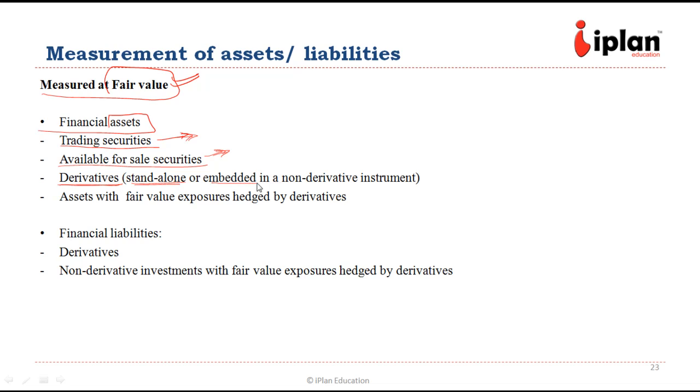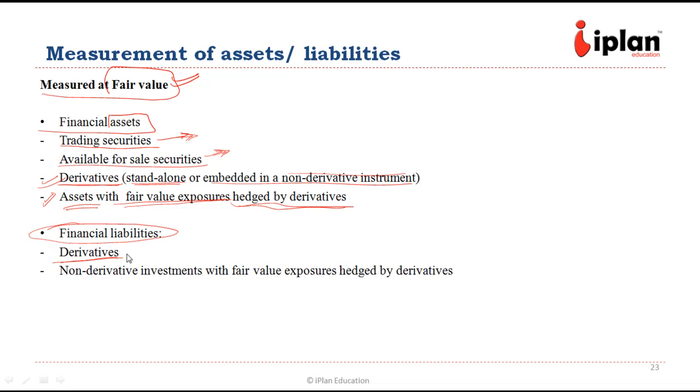Then the derivatives, they could be standalone derivatives or they could be embedded in another non-derivative instrument. In that case, they also have to be put at fair value or the market value of the derivatives. And on the same lines, the assets with fair value exposures which are hedged by derivatives, even in those cases the assets will be put at fair value, since their exposure has been hedged by the derivatives.